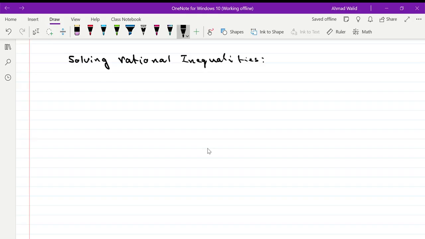Inequality that's in the form of, basically the definition is the same as polynomial, but I'll explain why it's like this. If f of x is greater than 0, f of x is less than 0, f of x is greater equals 0, and f of x is less than equals 0, we call these type of inequalities rational inequalities, but your f of x is in the form of p of x over what?